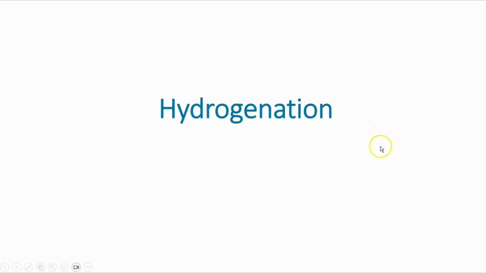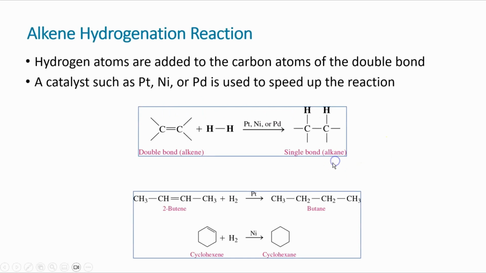Number one, hydrogenation reactions. In a hydrogenation reaction, hydrogen atoms are added to the carbon atoms of the double bond in the alkene.